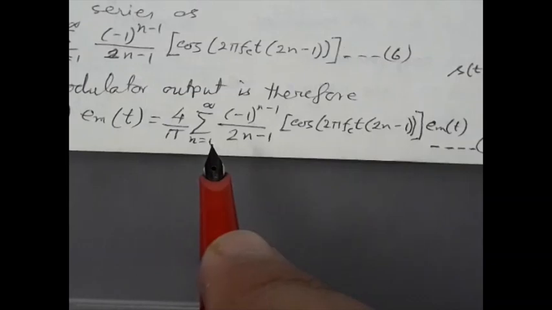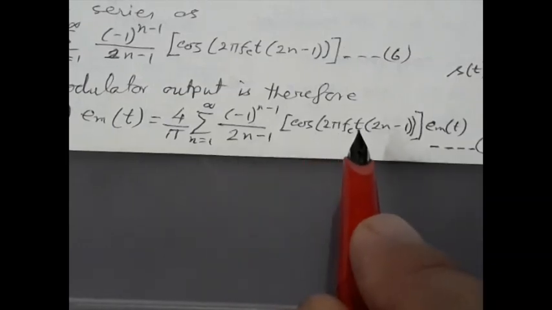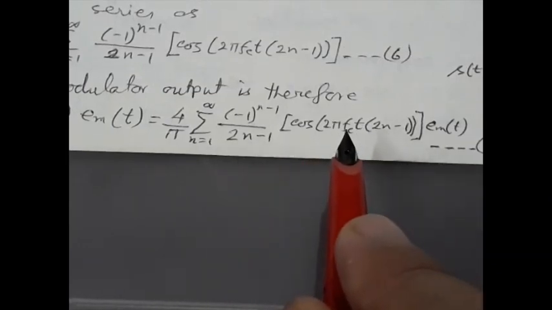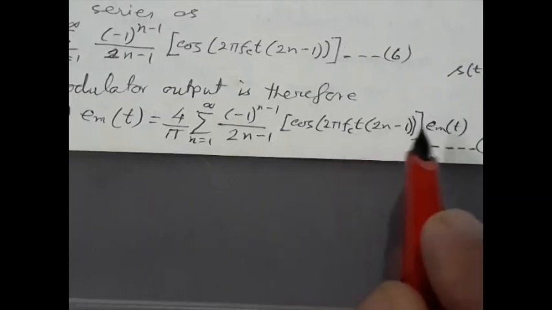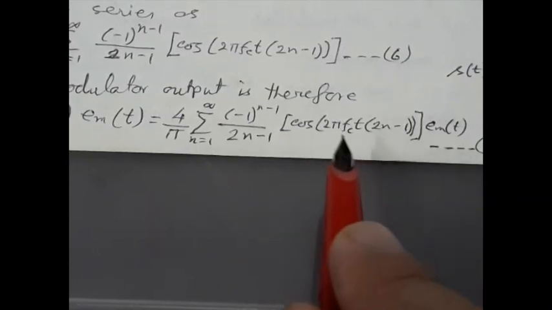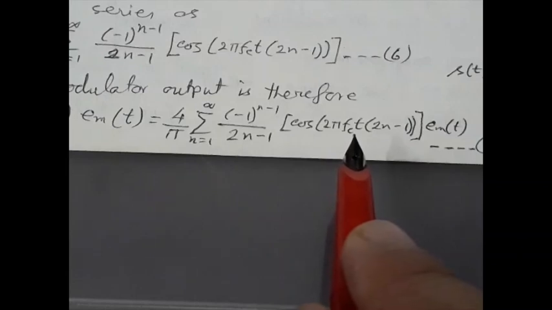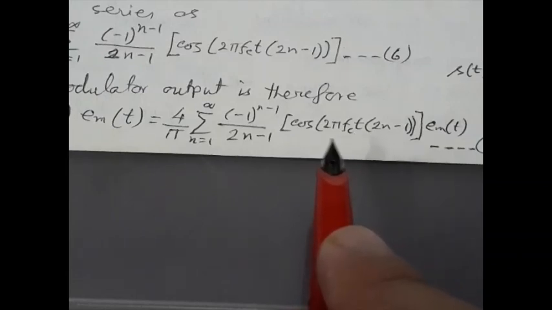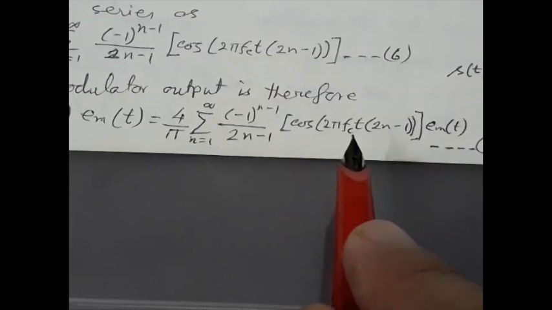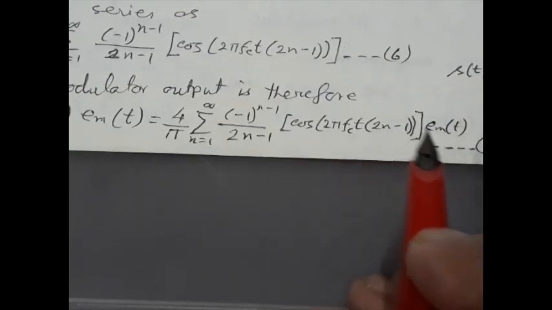Now for n equal to 2, 3, 4 etc., you will have 3 Fc, 5 Fc etc., and these are the out of band signals. So they must be removed from the modulator output using a band pass filter.